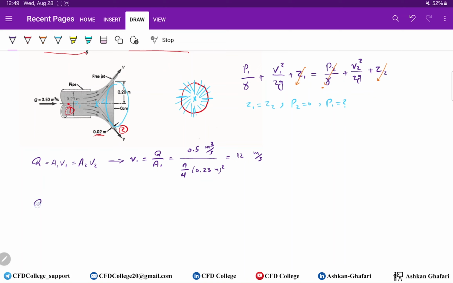For point 2, V2 equals Q over A2. But what is the area at the exit? It's a circle, and we have this thickness, so you should calculate the circumference of this circle and then multiply that by the thickness.